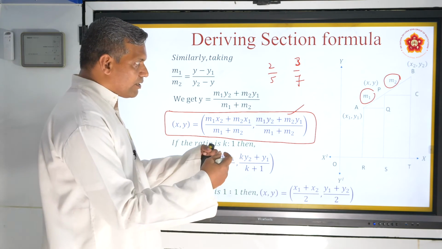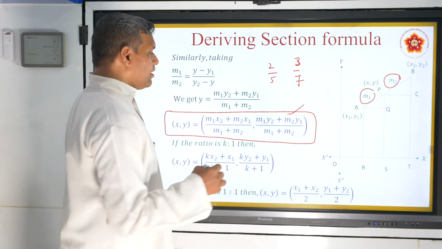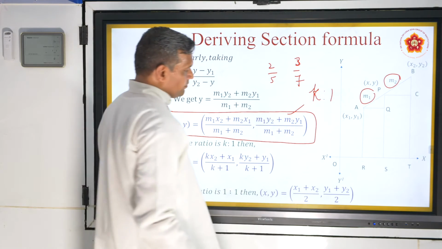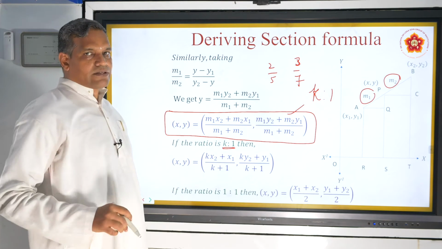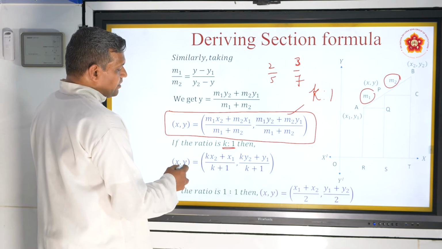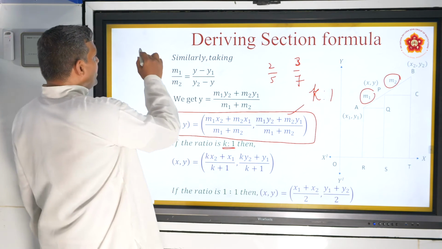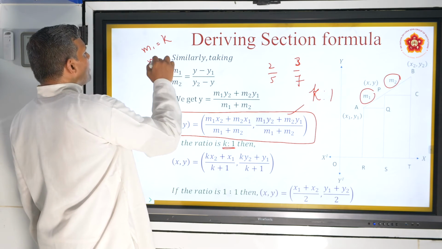There is also a shortcut method, where if you work on only one side, you get an answer. Usually you take a ratio of k is to 1. Here the k is to 1 case is explained, and we are going to solve the sums based on k is to 1. See here, x and y are the coordinates. In the m1 m2 place, m1 will become k and m2 will become 1.